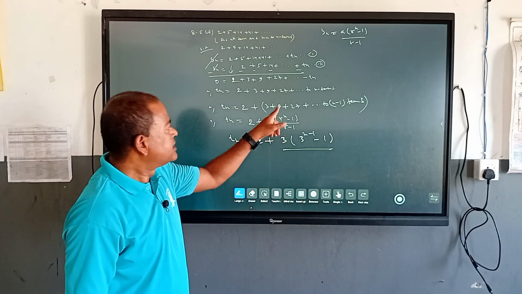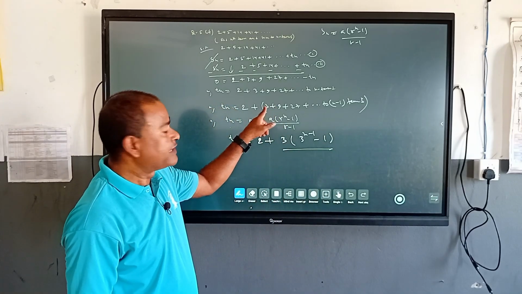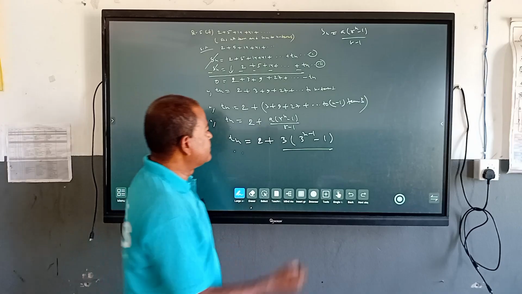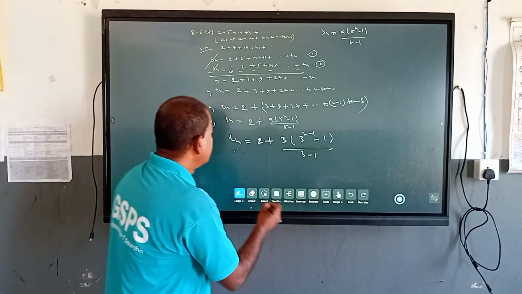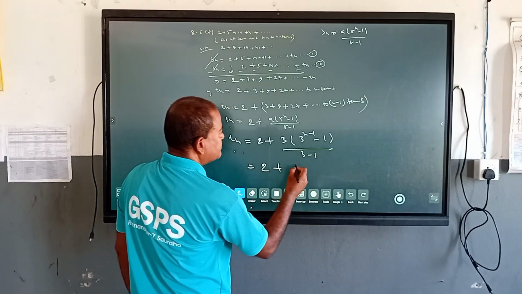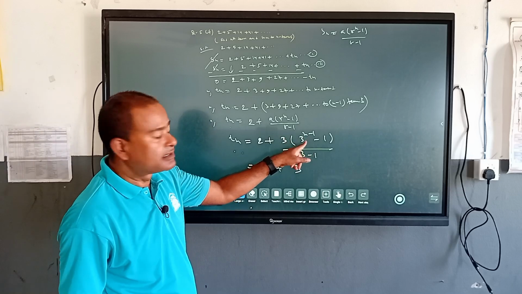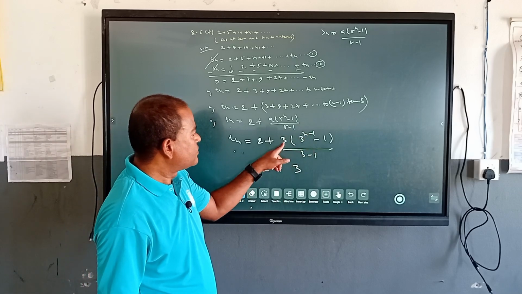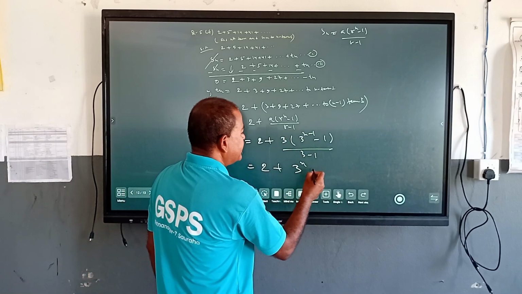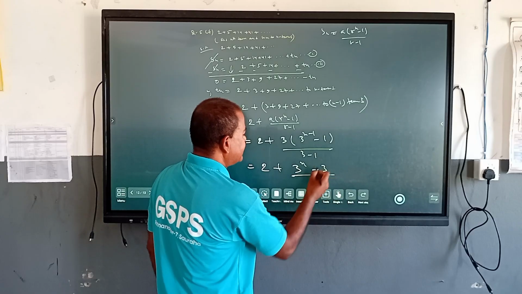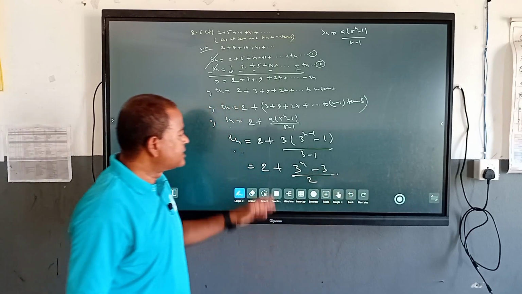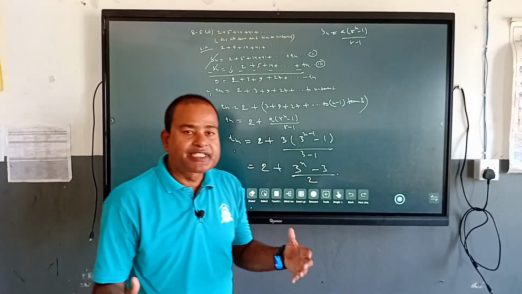Now if we multiply 3 to the power n minus 1 by 3, we get 3 power n minus 3, divided by 3 minus 1 means 2. So this is the general term of the given series, Tn.